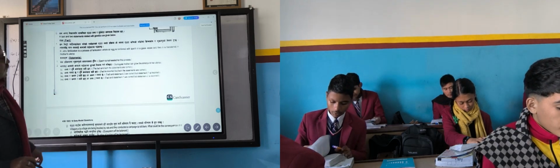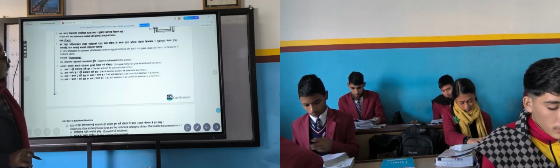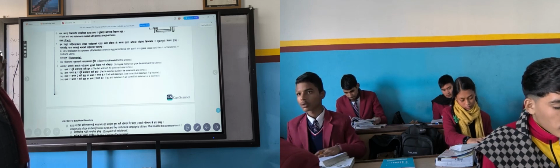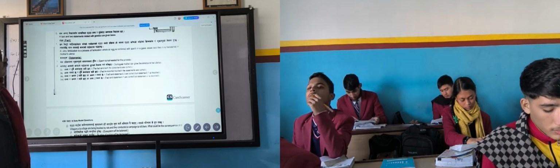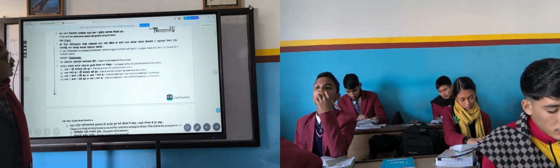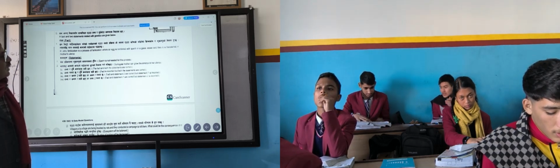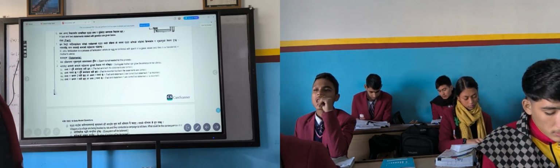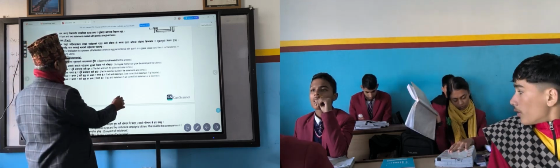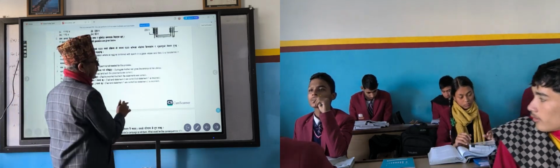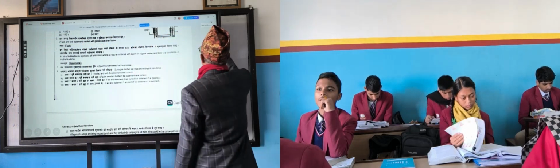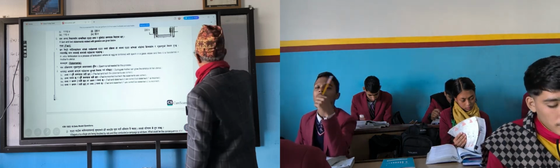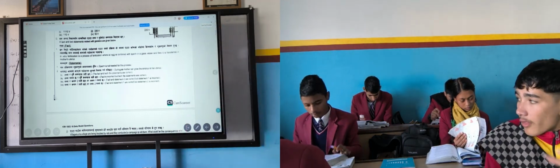The fact is incorrect, but both the statements are correct. The fact and statement 2 are correct, but statement 1 is incorrect. The fact and statement 1 are correct, but statement 2 is incorrect. What do you think? Which one is correct? In vitro fertilization is correct?